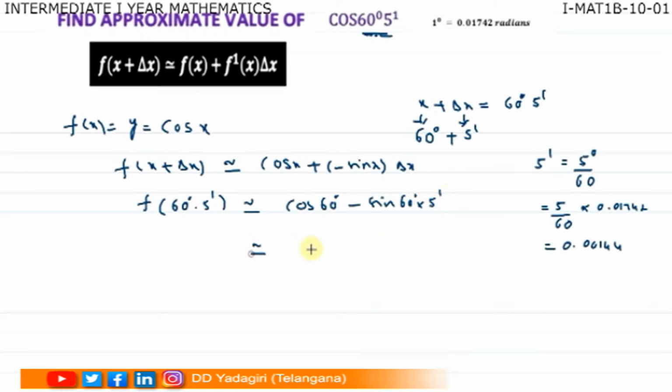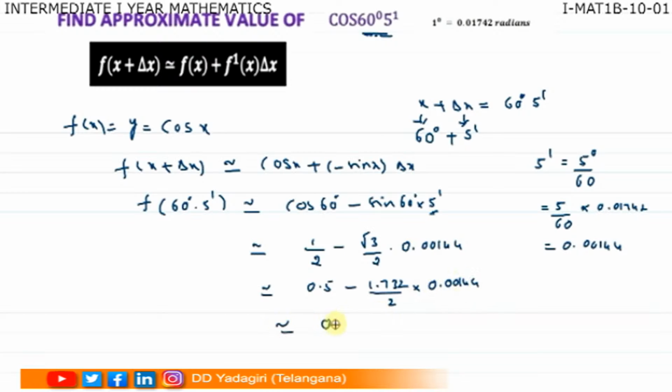Now this is approximately equal to cos 60, which is 1 by 2, minus sin 60, which is root 3 by 2, into 5 minutes. I have already simplified that, it is 0.001. This is approximately equal to 0.5 minus 1.732 divided by 2 into 0.00144.